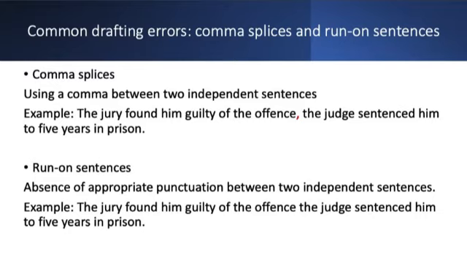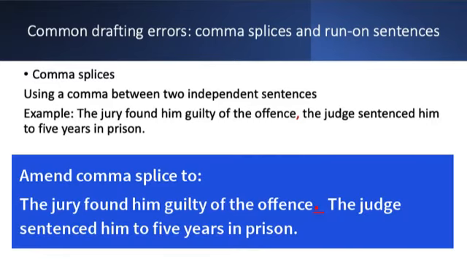One is talking about a jury verdict, the other sentence is talking about what the judge later determined regarding sentence. Here, these two independent sentences need to be separated by a full stop. The comma is not sufficient here, it just splices the two sentences and does not join them together appropriately. So a full stop really is the correct solution for these two independent sentences.